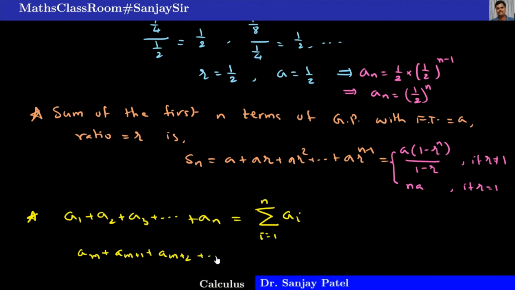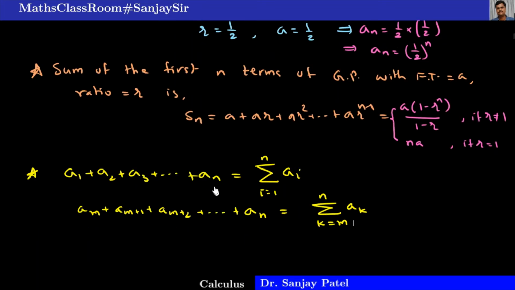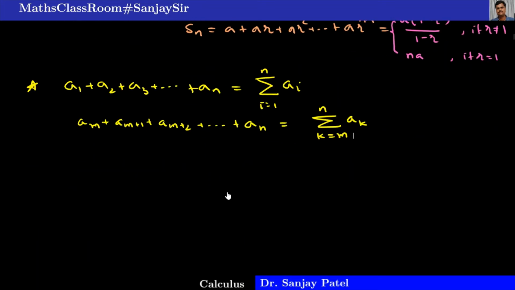If you start with any number as a subscript and go up to some number n, then we may write this as sigma k equal to m to n of ak, where m and n are natural numbers and obviously m is less than n. So these are all useful notations, and you know the properties of this summation notation also.